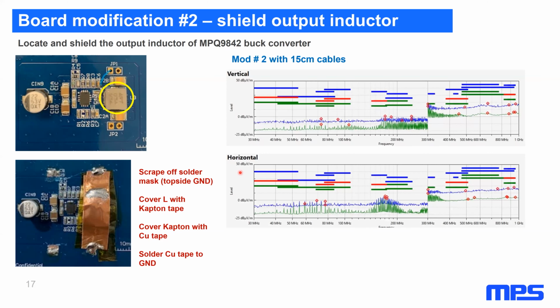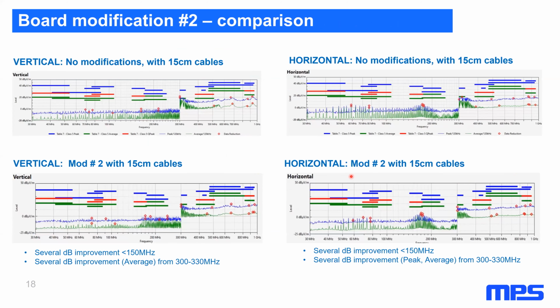When I do that, I actually notice right away that I have some improvements here, and it's more obvious on this slide. When I compare my original scan of no modifications with this modification, which has only the inductor being shielded, I noticed right away that there's several dB of improvement down here below 150 megahertz.